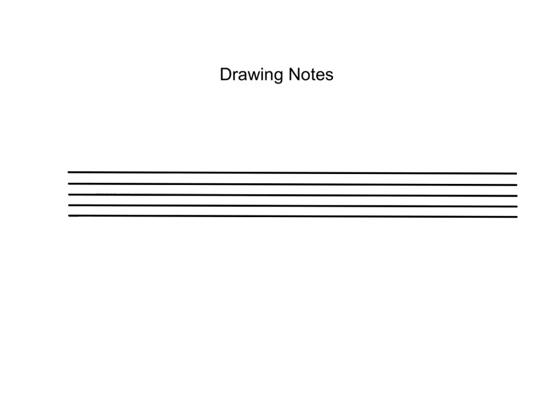When you draw notes, you want to make sure that you draw them neatly so that they're clear and aren't confusing to read. For instance, when you draw notes on lines, you want to make sure the line goes right through the middle of the note like this. You also want to make sure that you don't make them too big.